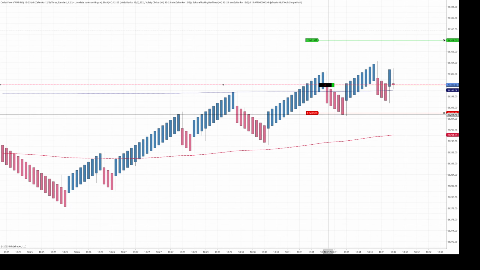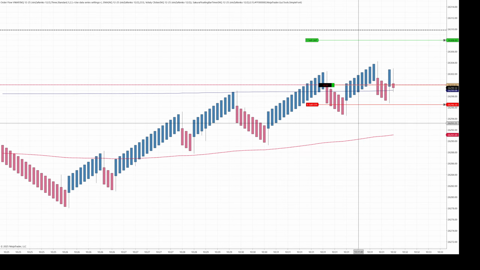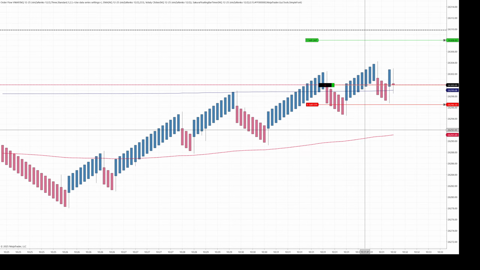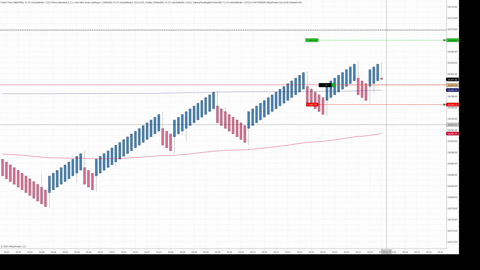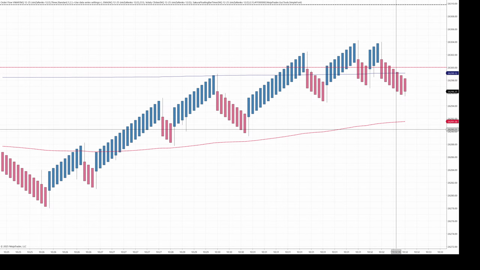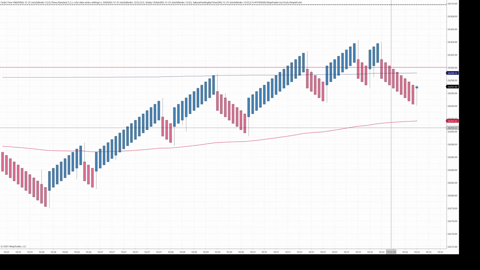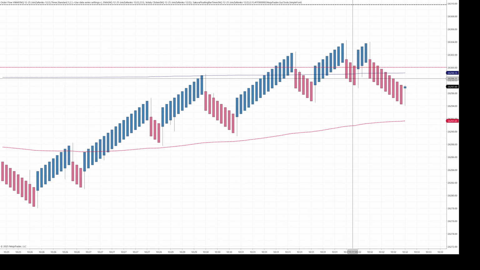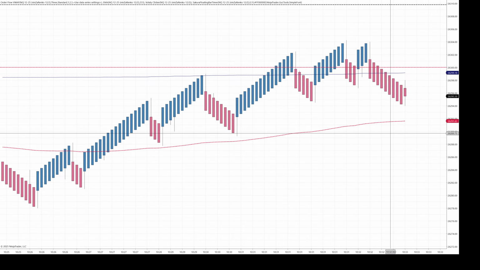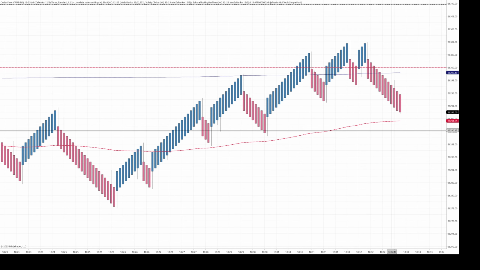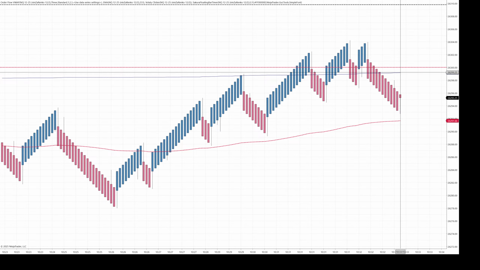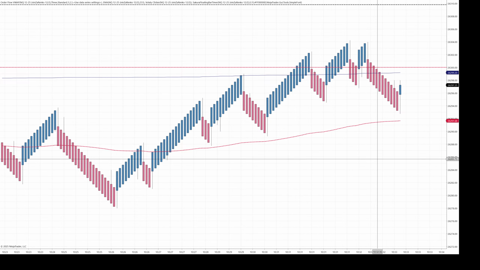We'll try that again. All right, now we're kind of in a tight range because we have the T-line right here, standard deviation level and 300. So we need to break out of this tight range.